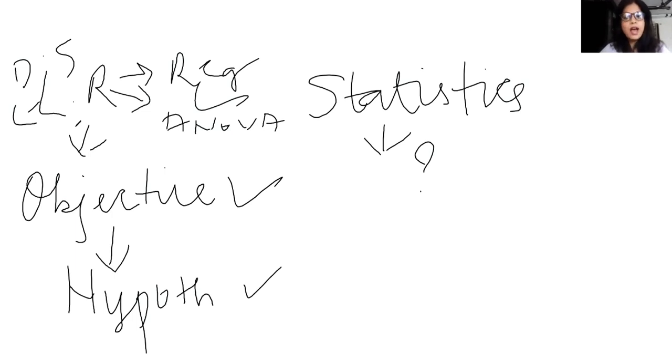Which is the most appropriate for my study? This is the basic and main problem. So let's not waste any more time, and I will be discussing which type of test, on what kind of data, on what kind of level of measurement needs to be used.